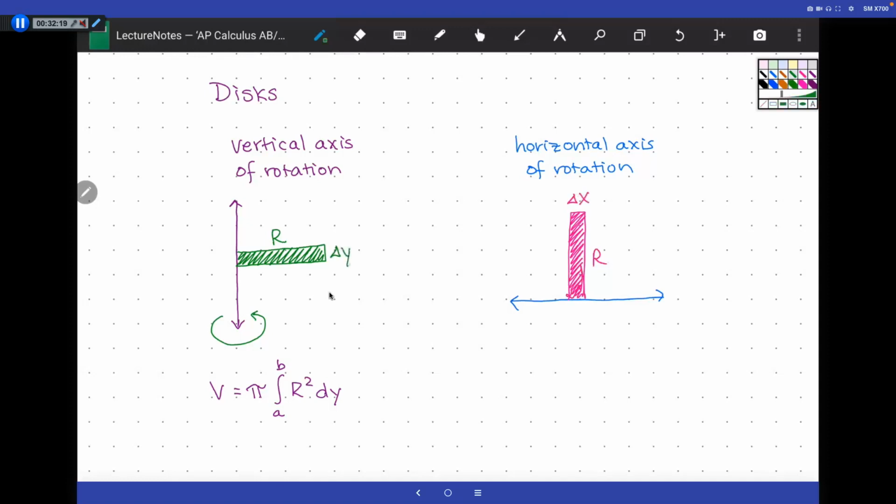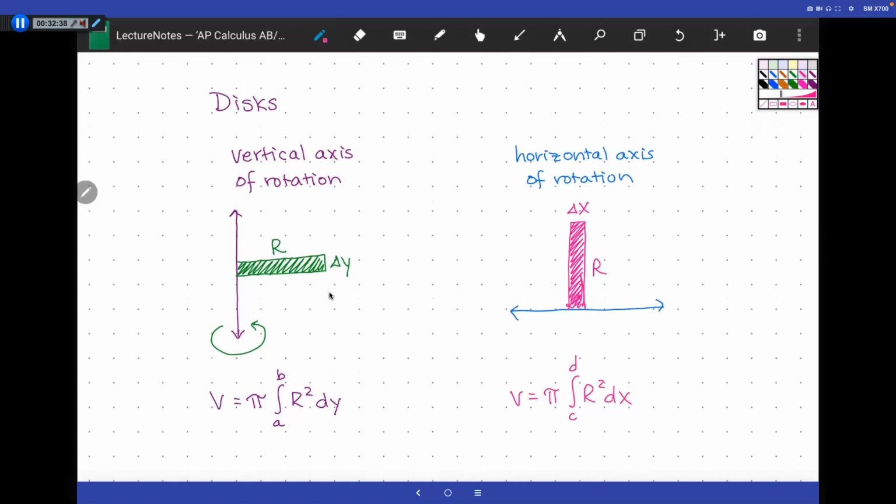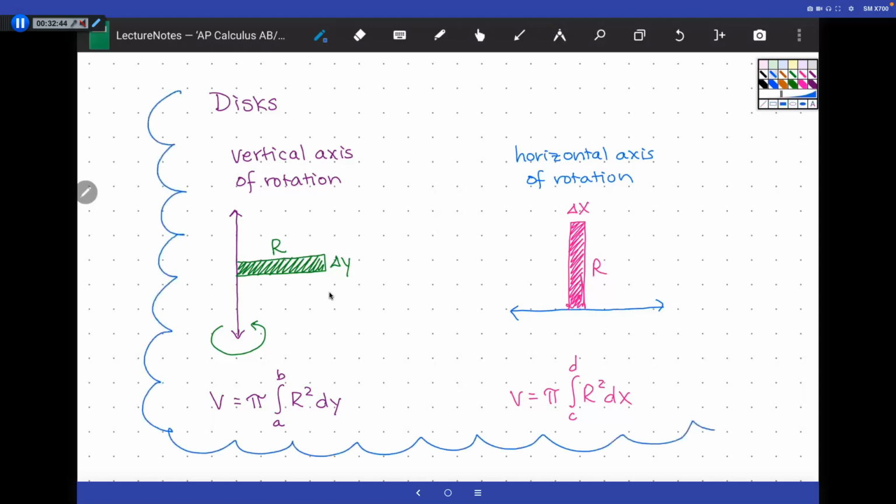I'll put delta y here. So this time the volume is pi times the integral from c to d, just whatever, dx. So there's disks. Now we're going to draw something similar for washers.